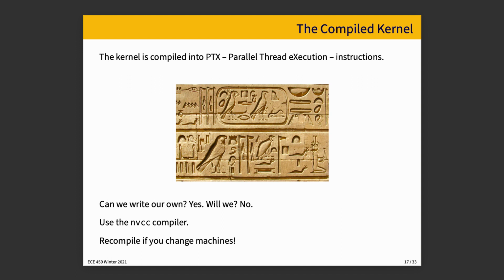So if yesterday you were working on ECE Tesla 1 and today you're working on ECE Tesla 2, you should recompile to prevent any error or unexpected behavior, because things may change ever so slightly with two different compute cards in two different machines. So just keep that in mind. Same thing if you're uploading something that you wrote on your own machine to the ECE servers to execute. Again, please take care to recompile as well.